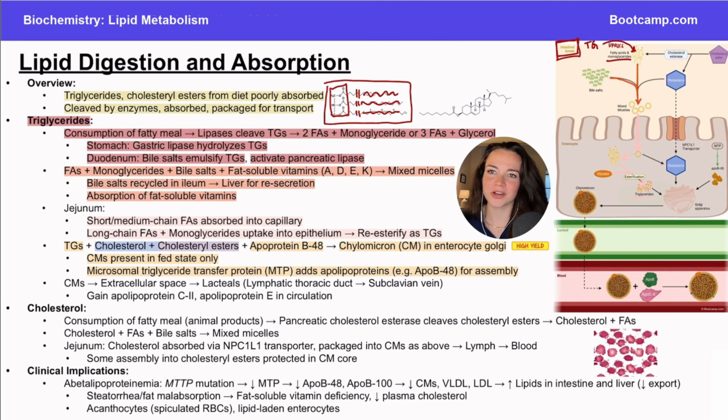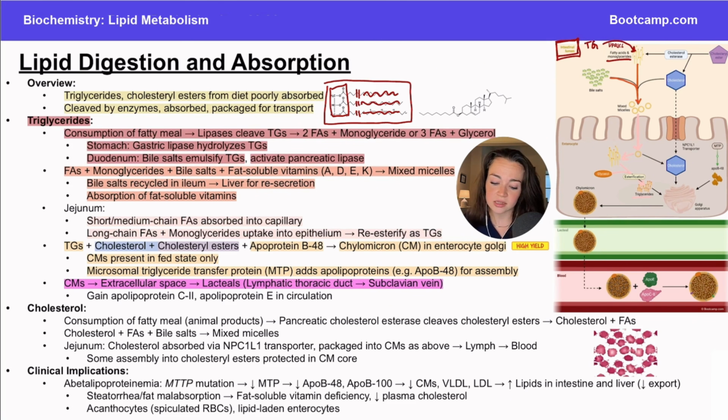Now that those chylomicrons are packaged up and ready to go, thanks to the help of the MTP, we can send them out into the extracellular space where they're going to be taken up into the lymphatics. The pathway it's going to follow is into lacteals. And remember, the flow of lymphatics, that lymphatic thoracic duct is eventually going to dump into the subclavian vein. And that's how you get from the lymphatics right back into the main bloodstream.